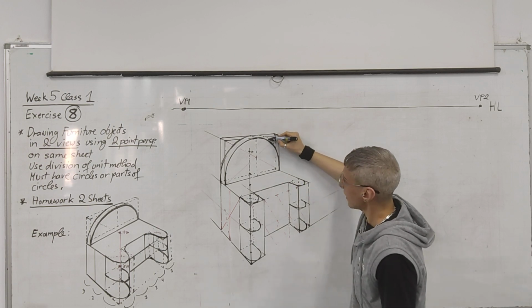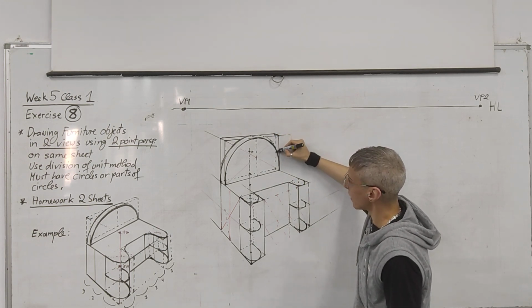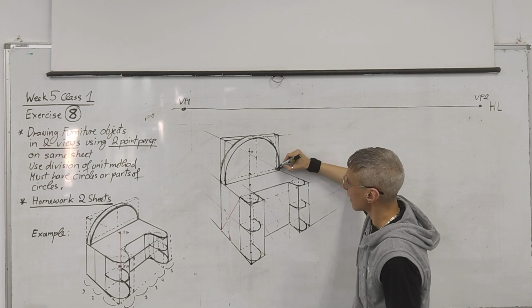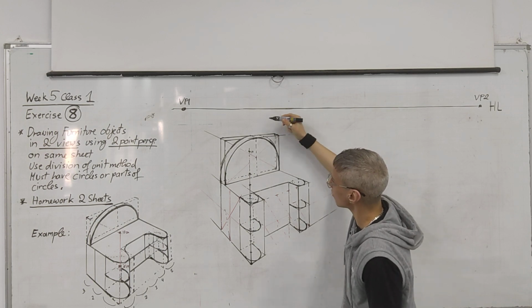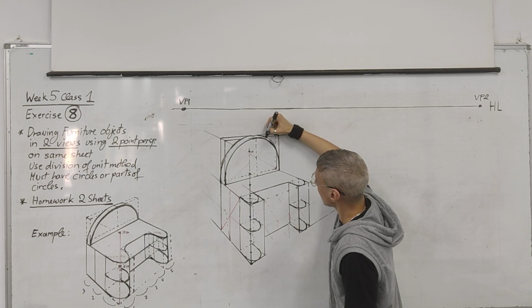Now, this line here, you will see it until somewhere here, then it starts disappearing and touching here the back. So all we see is this area.